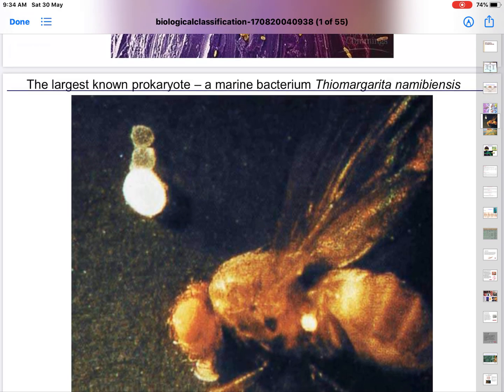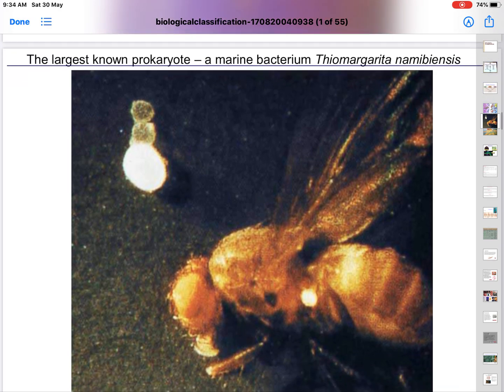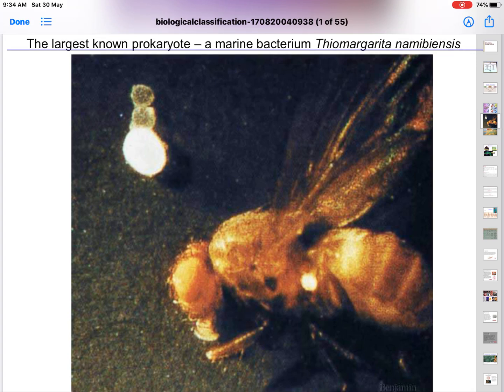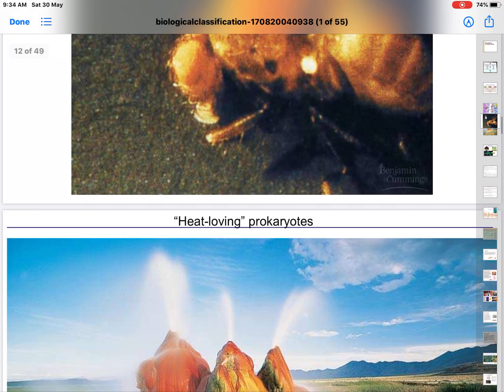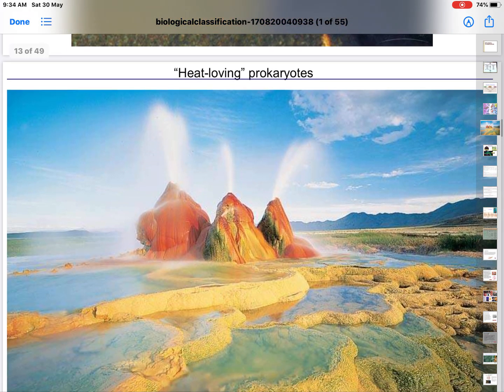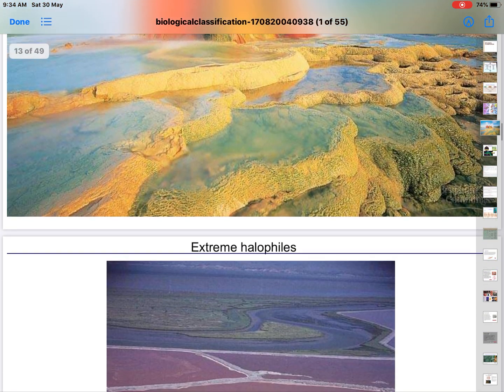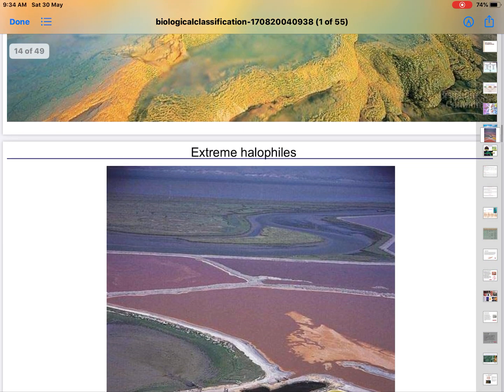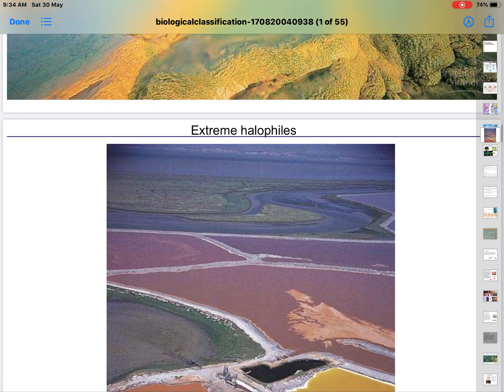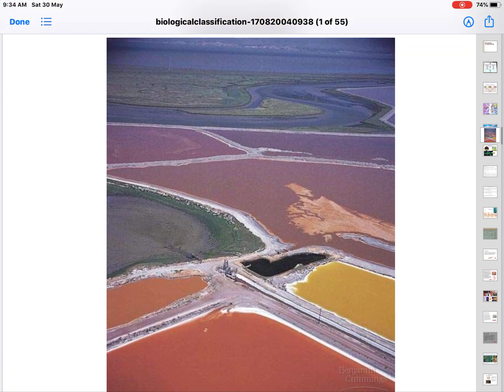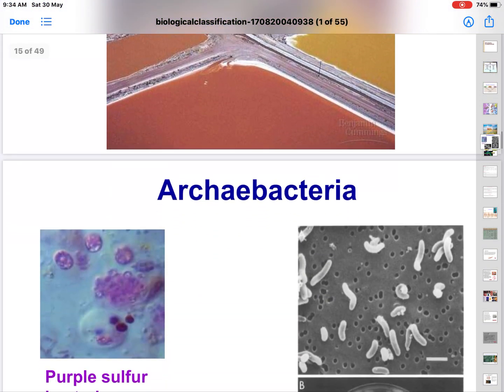And the largest known prokaryote is a marine bacterium, Thiomargarita. Look at that. And then there are these heat-loving prokaryotes, so we call them thermophiles. And then we have halophiles, that is salt-loving. They love salt. Their habitat is salt.